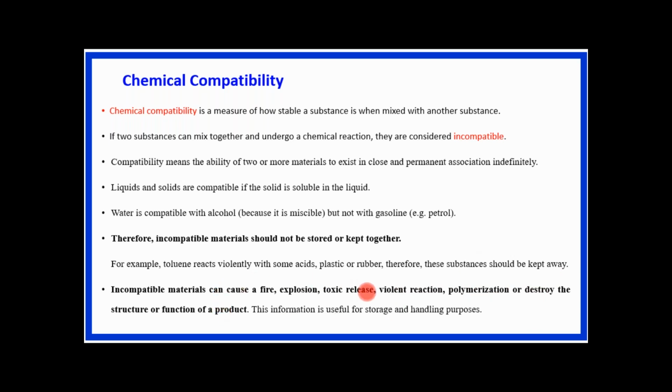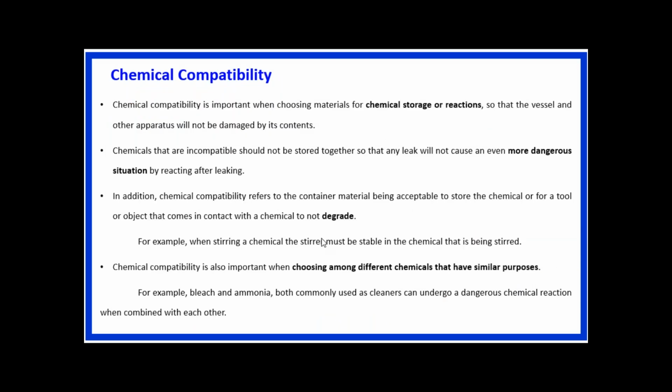So these are the different possibilities if incompatible materials are contacted with each other, and that is why this compatibility characteristic is very useful for the storage and handling of different chemicals. This is important when selecting the materials for chemical storage or reaction purposes.